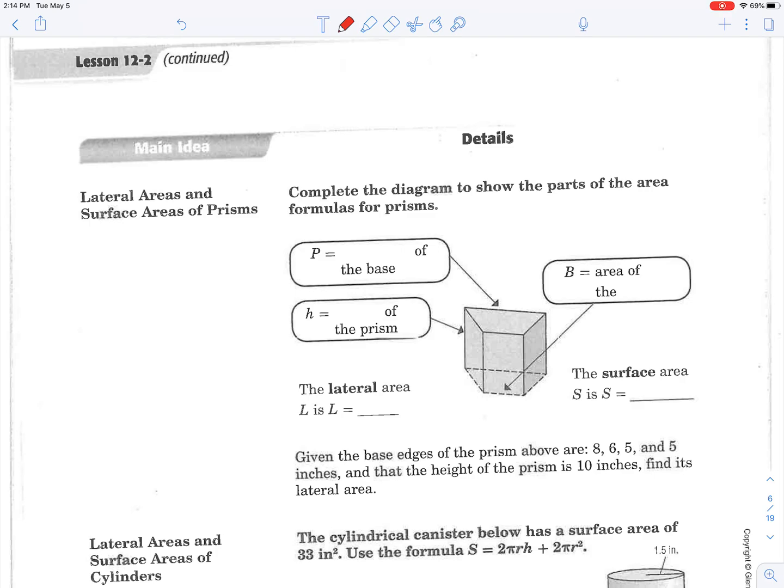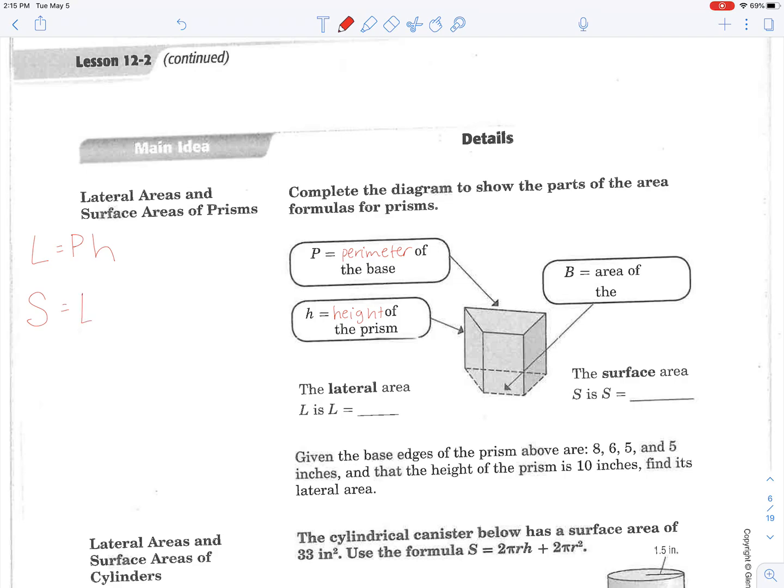The formula for the lateral area of a prism is P times H, where P stands for the perimeter of the base and H stands for the height of the bases. Now, if we're talking about surface area, we're covering the entire surface of the prism.